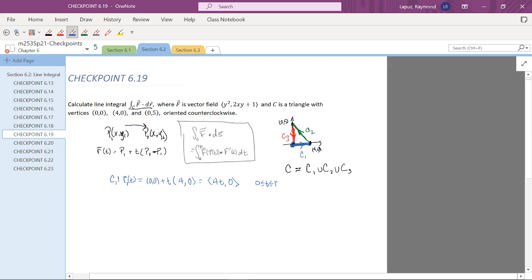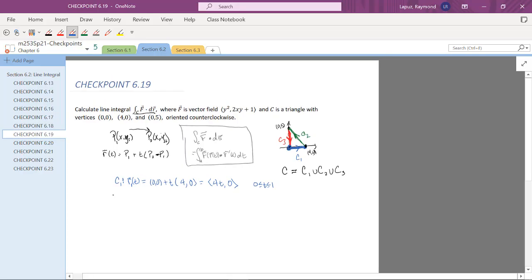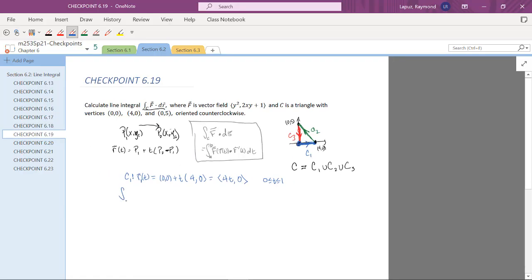Now that we have the parameterization for the first curve, let us proceed to integrate that. This is going to be an integral over C1 of f dotted with dr, and this will be the integral from 0 to 1 of the function evaluated at this parameterization. So I have a y squared, but y is equal to 0.